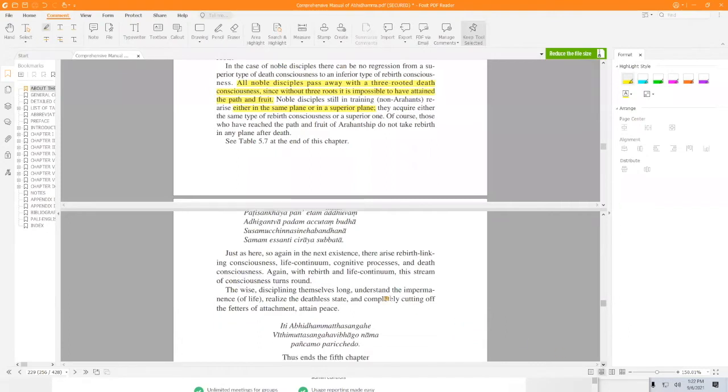And then the concluding verse tells us that when the wise understand this impermanence of existence, they discipline themselves over a long period, cut off the fetter of attachment, and realize the deathless state, that is Nibbana, the state of peace. And that's the end of the 5th chapter.